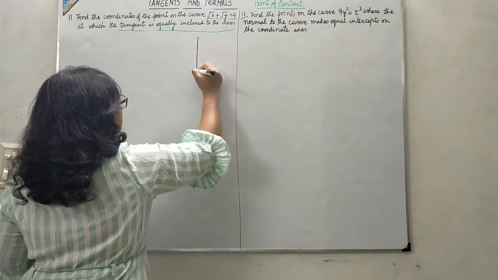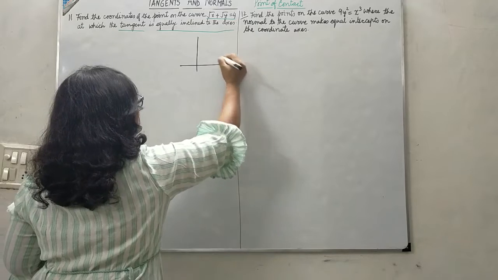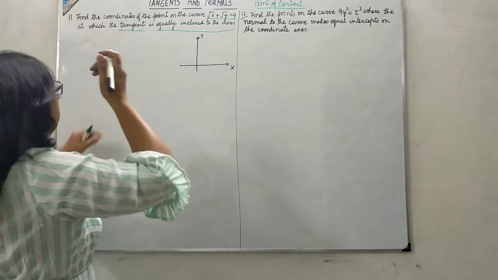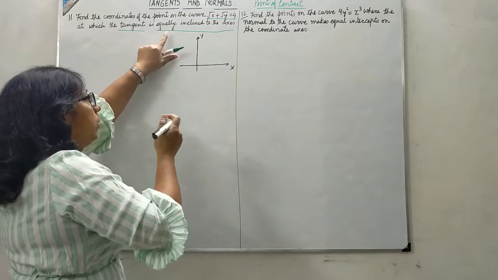We are given some axes, say x and y, and suppose a curve at which the tangent is equally inclined.